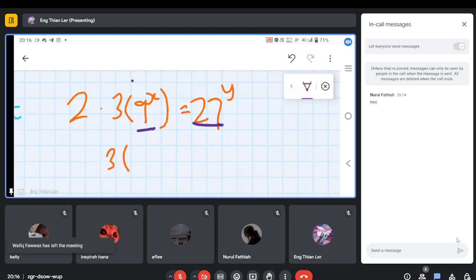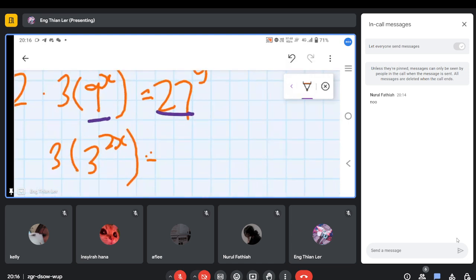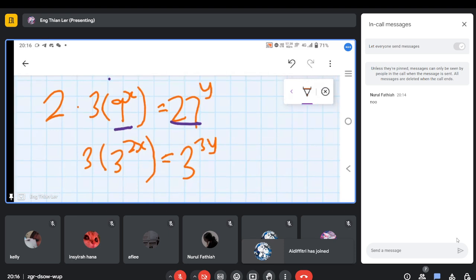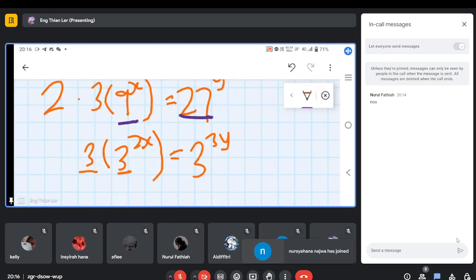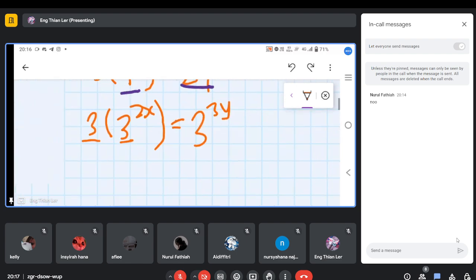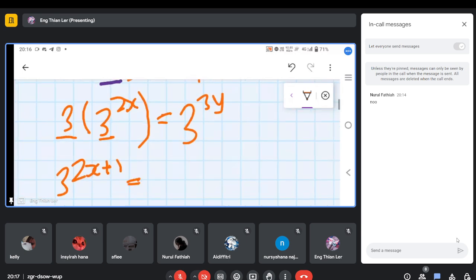So we can write 9 as 3 squared, so we get x multiplied by 2, which is 2x. And 27 is 3 cubed, so this becomes 3 times y. Now we have the same base right here. We can just add 1 because we're multiplying again by the 3. So the left side becomes 2x plus 1 equal to 3y.